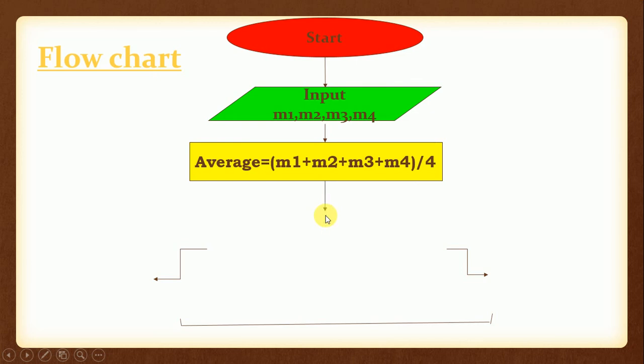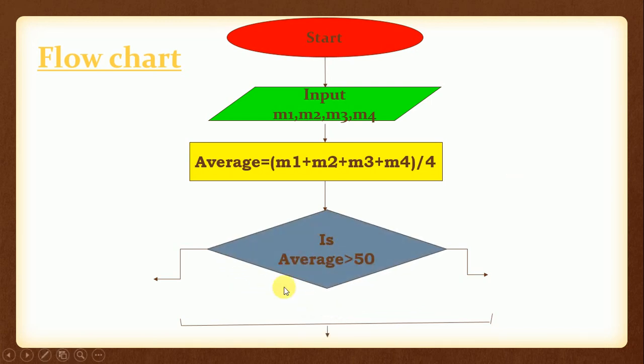Now the average is calculated. Now we need to have the condition. So for a condition we have the decision symbol, and you know that this is the decision symbol in the form of the diamond shape. Now here the condition is written: is average greater than 50? So this is the condition. Whenever a condition is given, it can have 2 outputs. Either it can be true or it can be false.